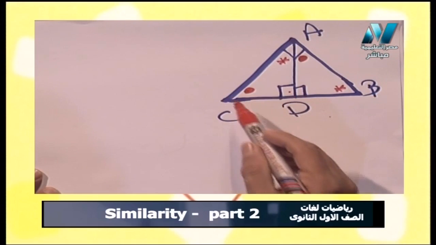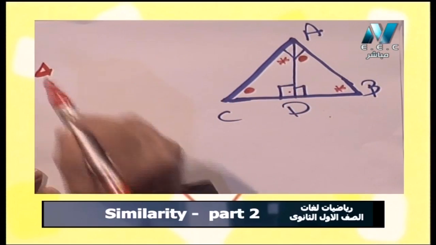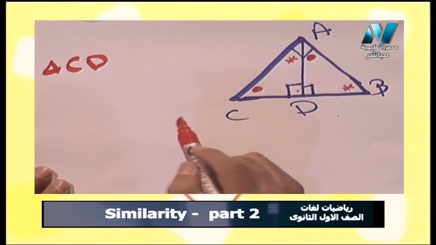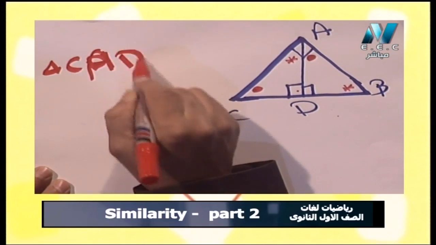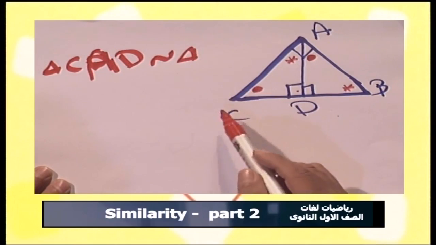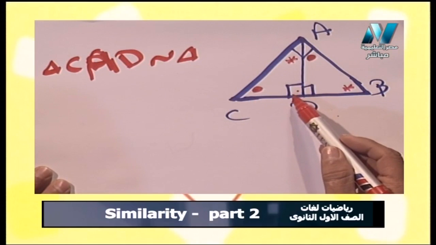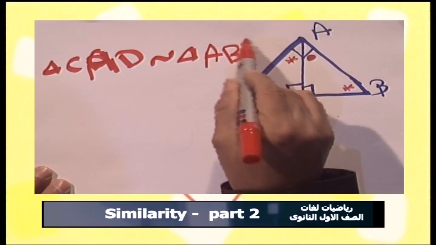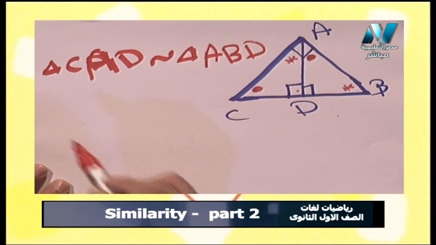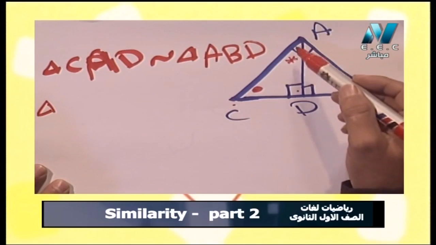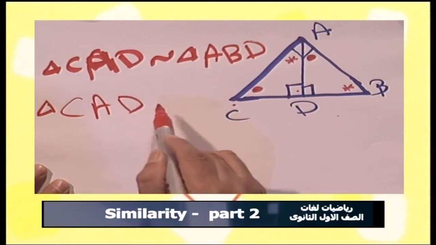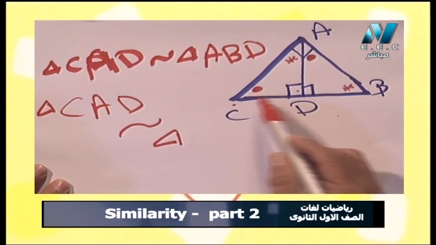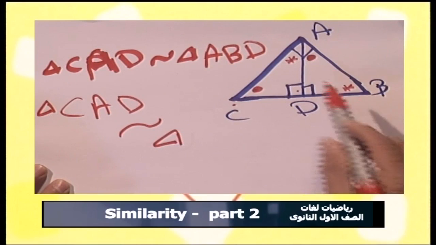So it's triangle CAD will be similar to triangle ABD, and triangle CAD is similar to the big one, we call it from dot star right, so it's CBA.